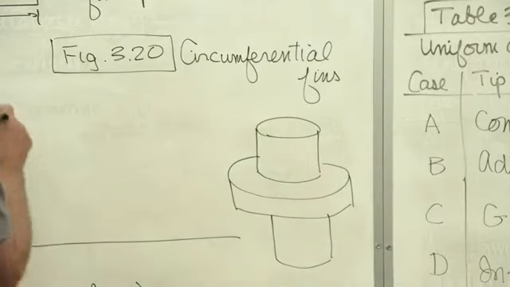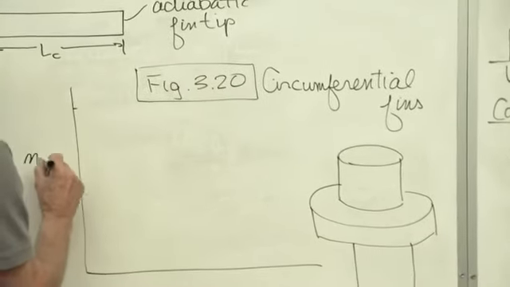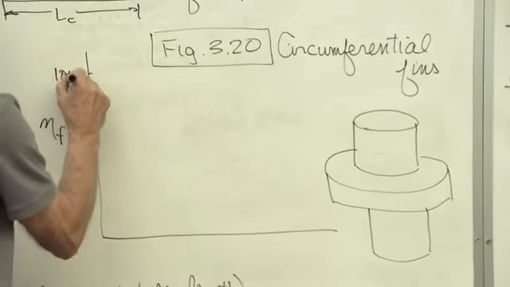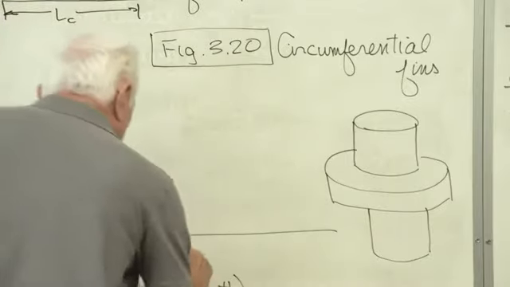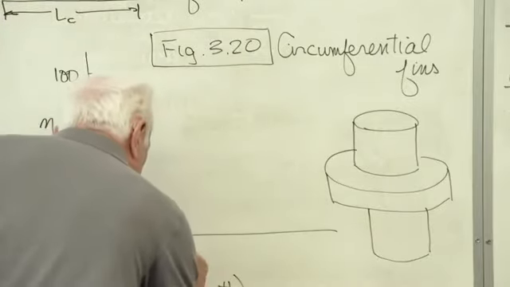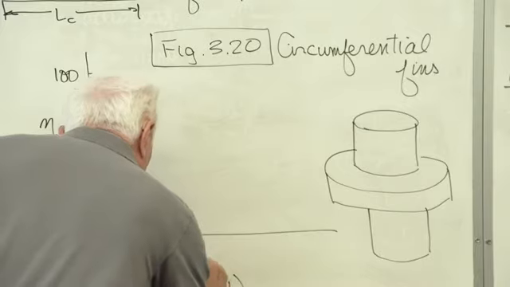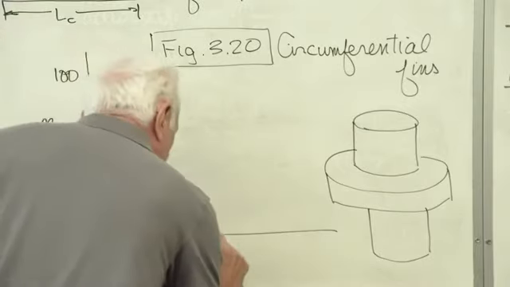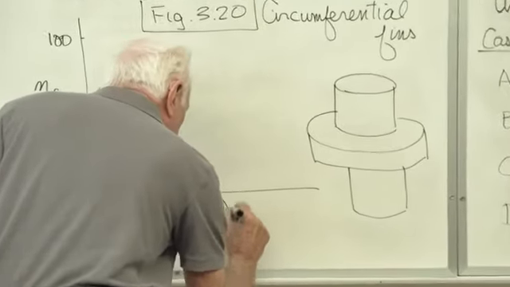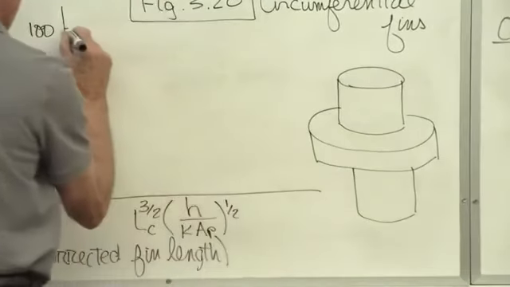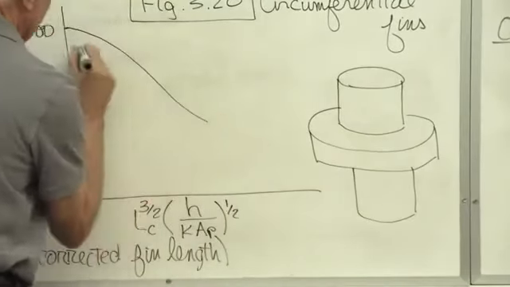Okay, again, fin efficiency, 100% to 0. Same thing here, L sub C to the 3/2, quantity H over K A sub P to the 1/2. Got it. There are different lines here.